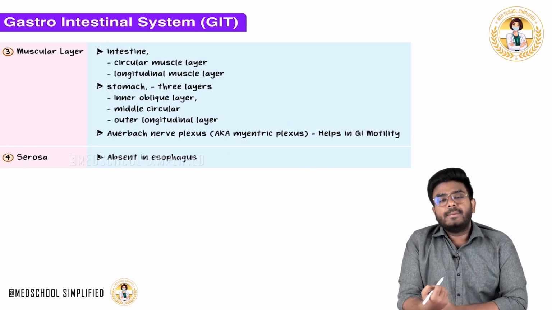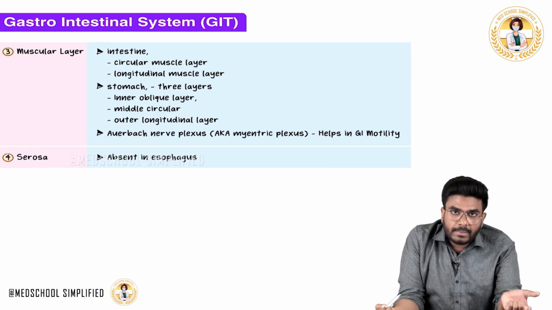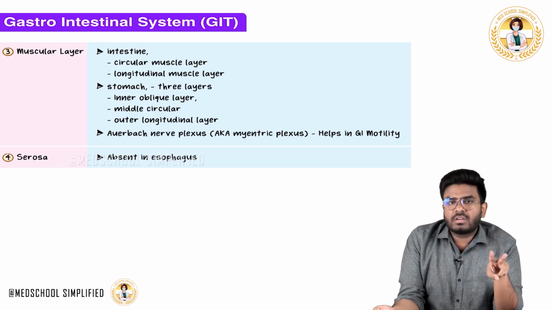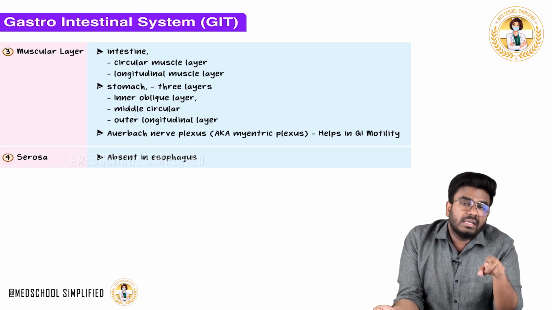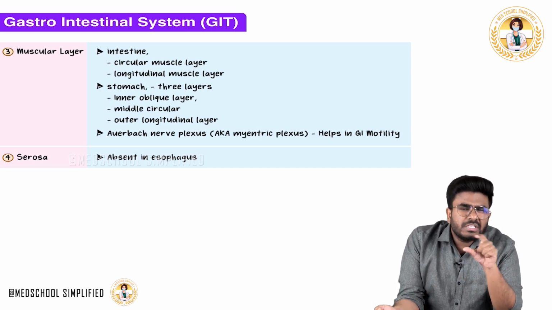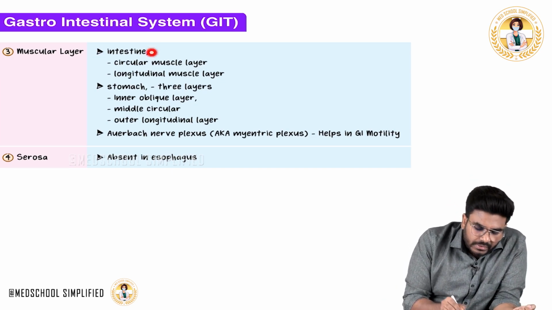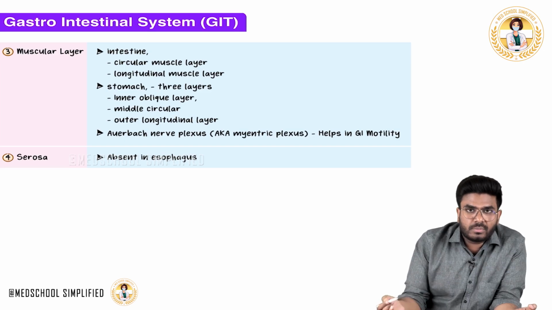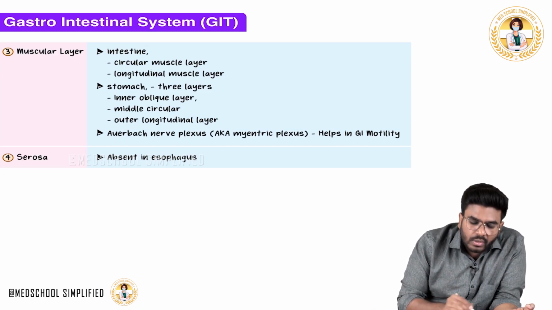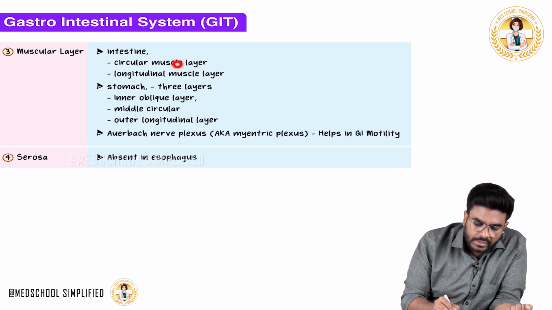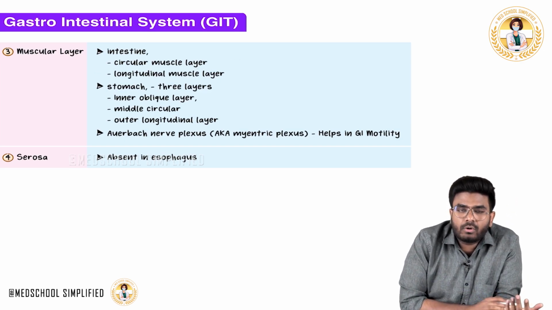The muscularis layer is a bit different in the intestine and in the stomach. In the intestine there are only 2 layers of muscles present, but in the stomach 3 layers of muscles are present, which means the muscles are arranged in 3 layers. Please look here at the intestines: duodenum, jejunum, ileum. There are only an inner circular layer and an outer longitudinal layer.